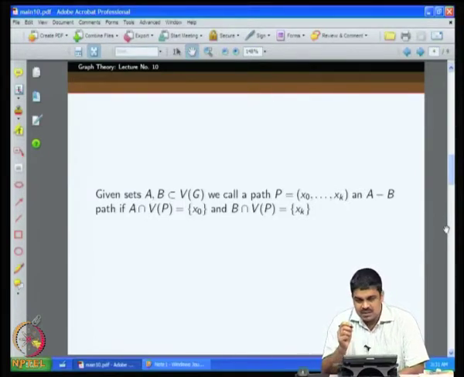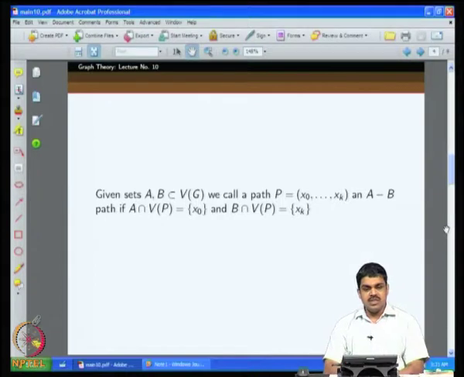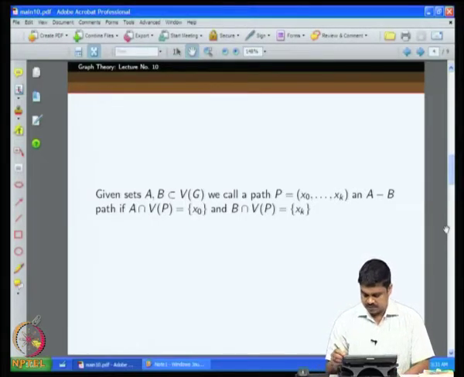That means the path starts off from A and never comes back to A. Similarly, the last vertex of the path belongs to B, and the only vertex of the path that belongs to B is the last vertex, namely xk. Once it reaches B, it doesn't move further, right? This is the AB path.